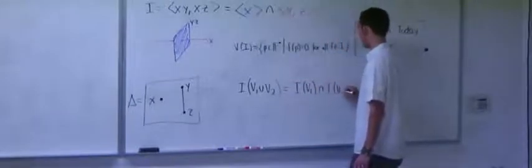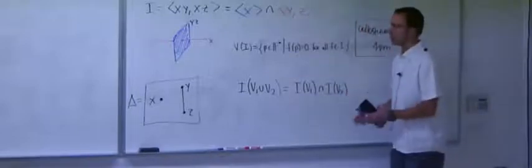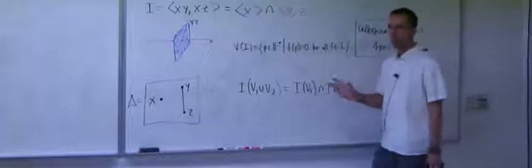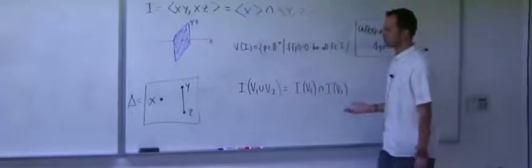Well, they're going to be the ones that vanish in V1 intersected with the ones that vanish in V2. Okay? So what I'm saying is that if I want to consider all the polynomials that are equal to 0 on this variety, which is the union of the purple and the red stuff, then I just have to see what vanishes in the purple stuff, what vanishes in the red stuff, and intersect those. Okay?